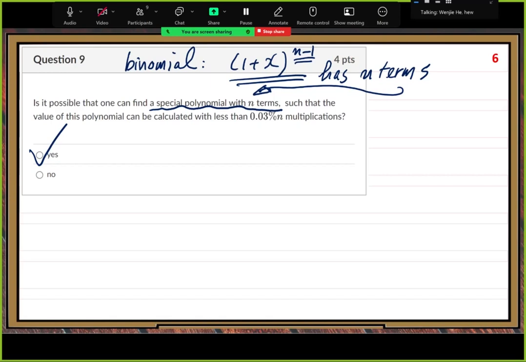Then, this binomial, n minus 1. But when we calculate the number of multiplications, think about we apply repeated squaring. We consider the case n minus 1 is a power of 2, 2 to the kth power.